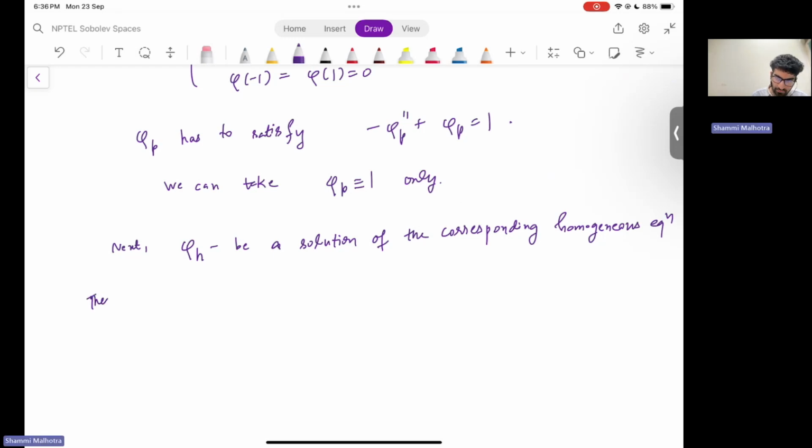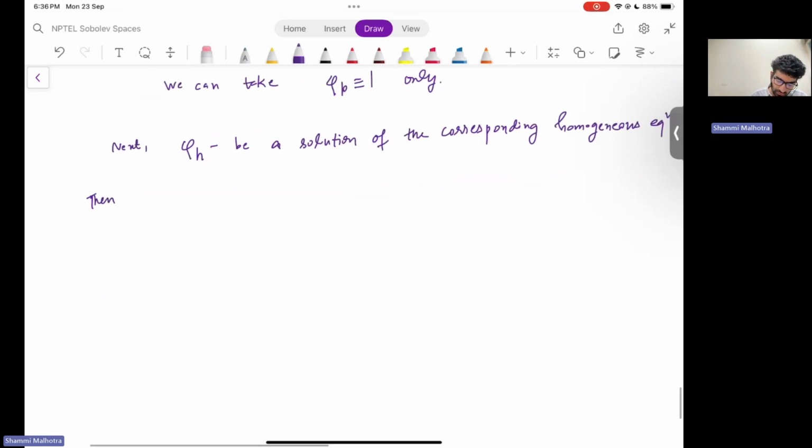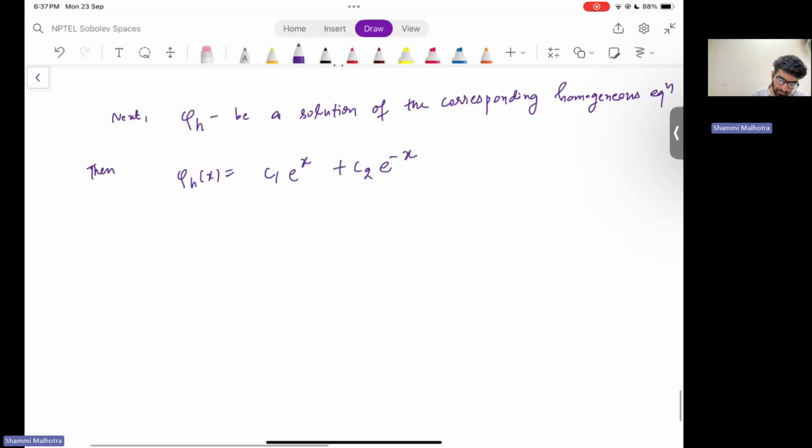Then, as we saw above, phi h of x has to be something like c1 e to the power of x plus c2 into e to the power of minus x.